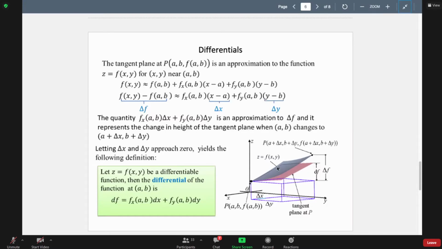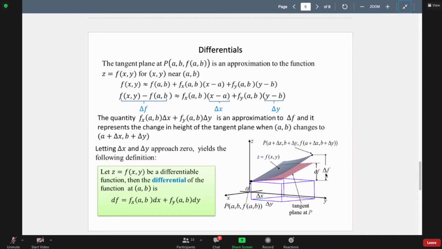You see, here is the surface, the blue one, and the tangent plane is the pink one. Here is the point (a, b), and df is this value here, the delta f is this value here. So you see that this approximates this.